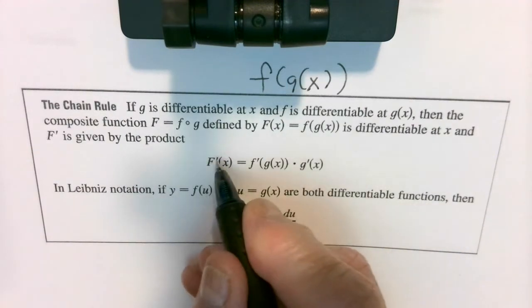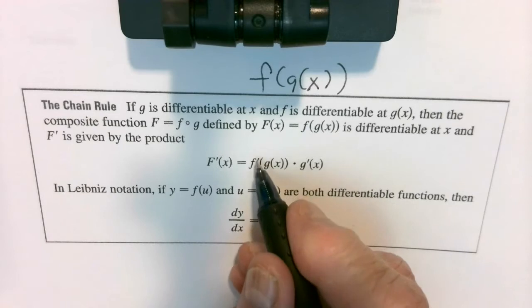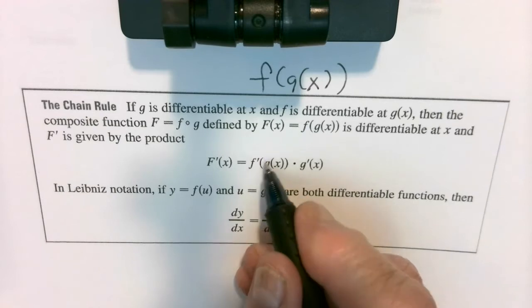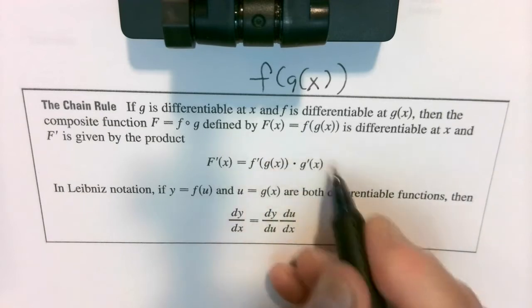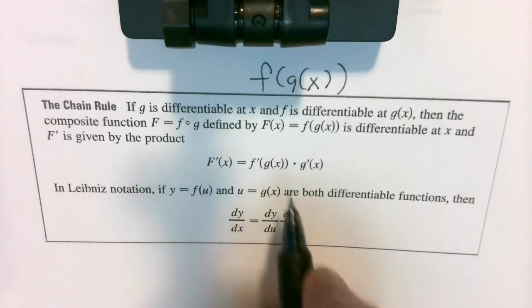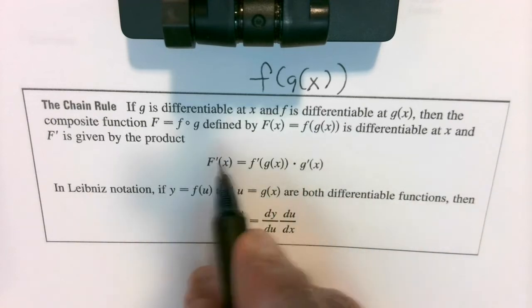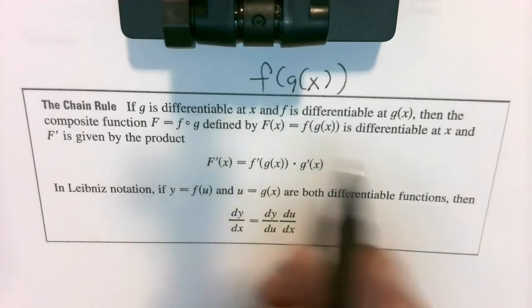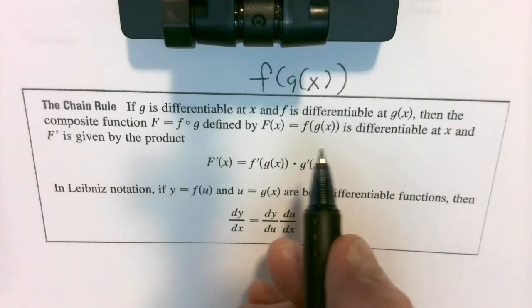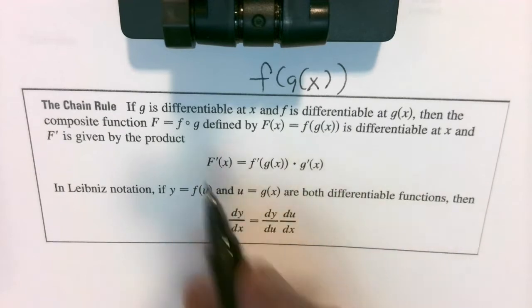The chain rule is not the product rule, but it does use a product. So the derivative of this composite function is the derivative of the outside with the inside intact, times the derivative of the inside. The reason they call it the chain rule is that it goes in a chain. If you have a composite of more than two functions, and we'll see that, the derivatives go in a chain.